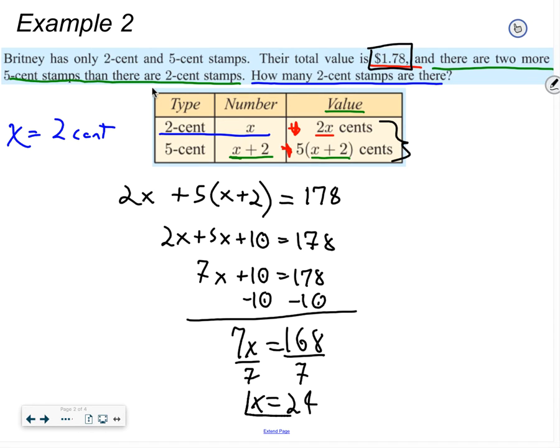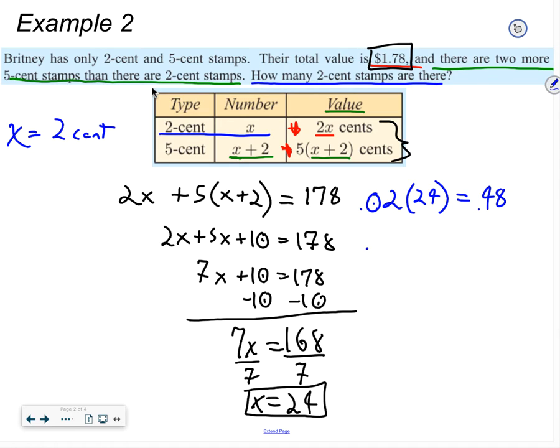Okay. Well, again, I want to verify my answer and make sure it makes sense. So if I do 2 times 24, I'm going to get 48 cents. If I put this in decimal notation, I get that.